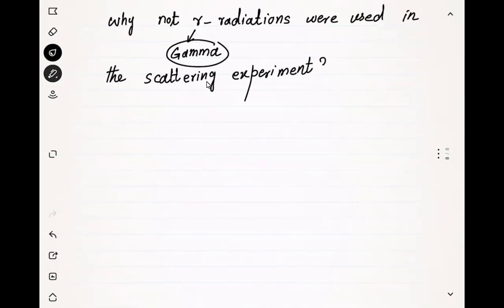What was the purpose of not using gamma radiations in the alpha particle scattering experiment?